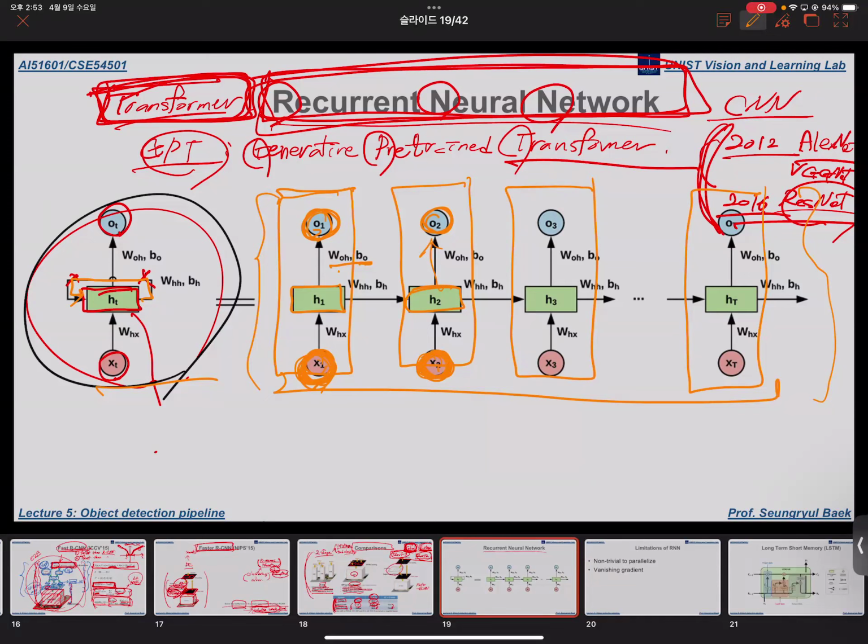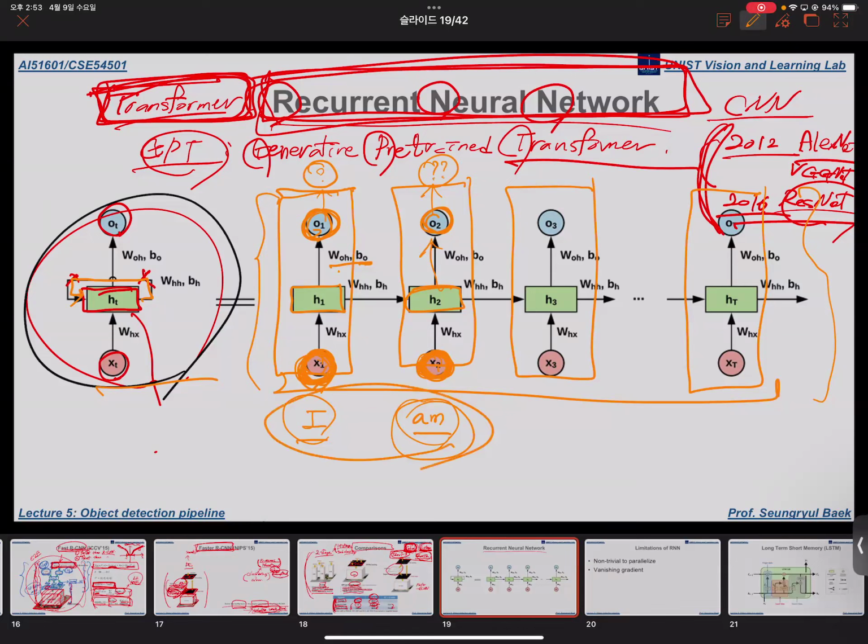Let's say this is some sentence like, I am, then let's think about translating this English sentence to French. I don't know about French, but anyways, there's some French word for I here and some French word for this M here, okay?